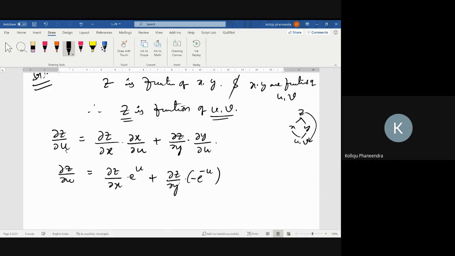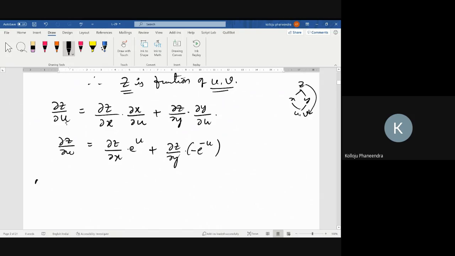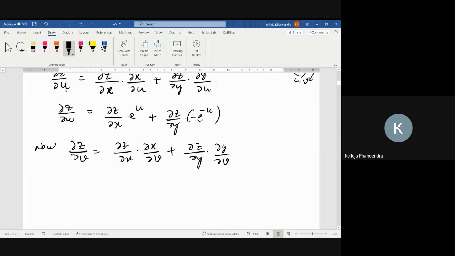Next one, ∂z/∂v. Now, ∂z/∂v equals ∂z/∂x times the derivative of x with respect to v, plus ∂z/∂y times the derivative of y with respect to v. All are partial derivatives because all are functions of more than one variable. So, this is ∂z/∂x, and what is ∂x/∂v?